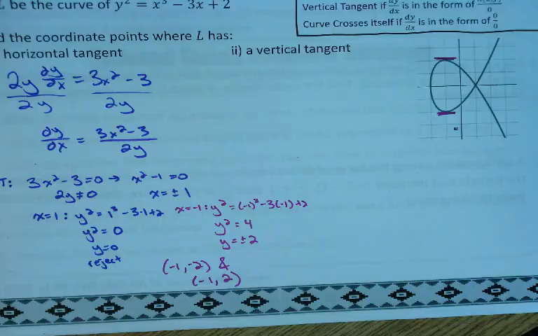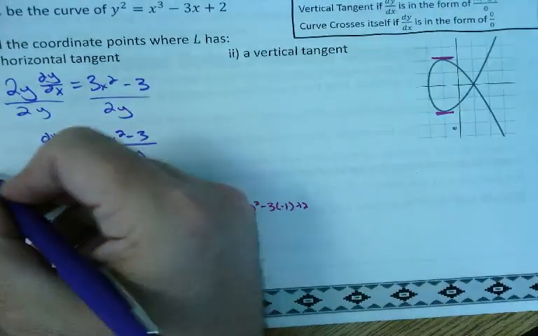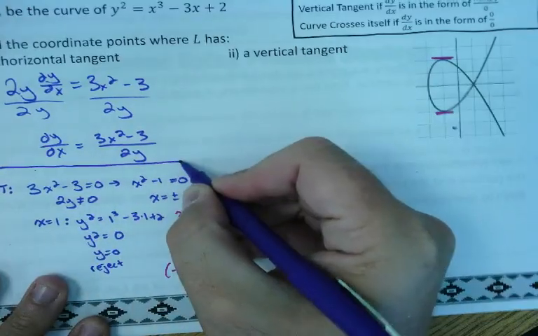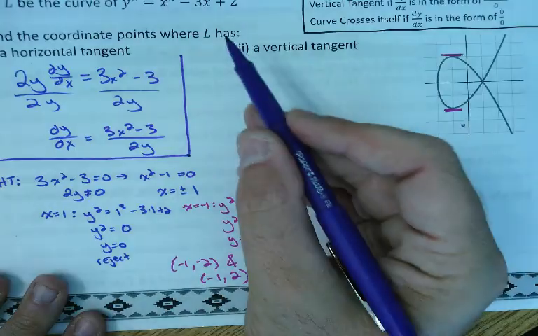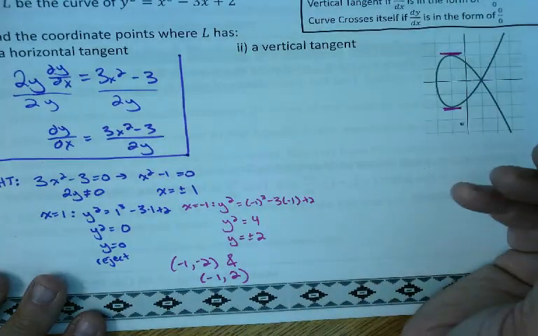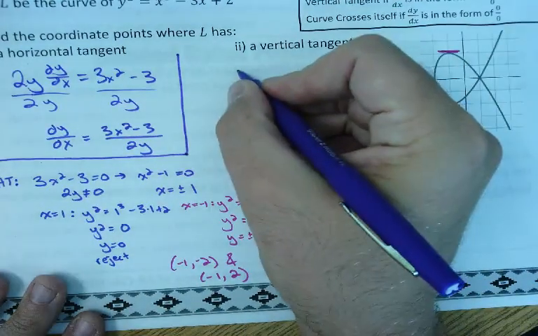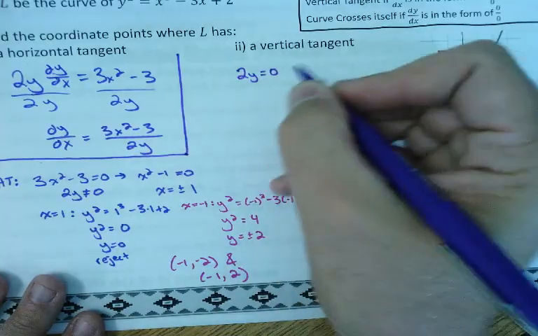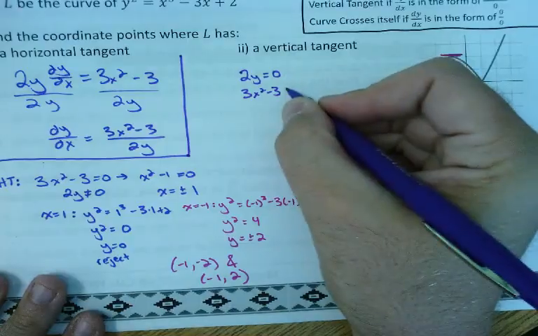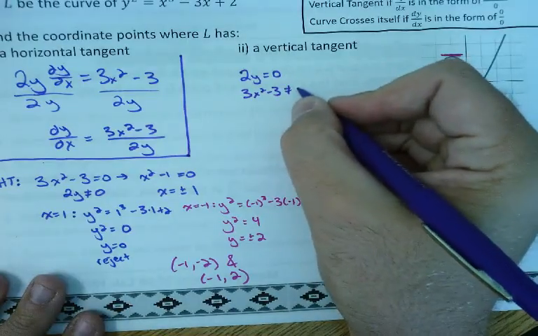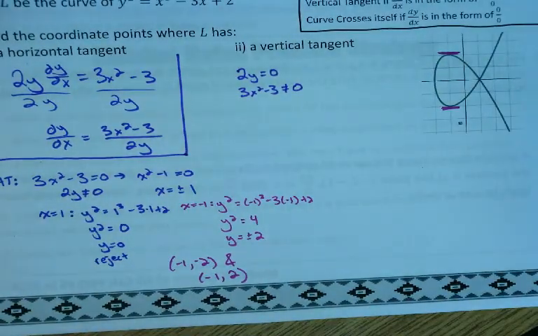All right, vertical tangent. I'm going to kind of shield this work off over here. Okay, I have my dy/dx. So for a vertical tangent, I now need 2y to equal 0, and I need to make sure that 3x squared minus 3 does not equal 0.